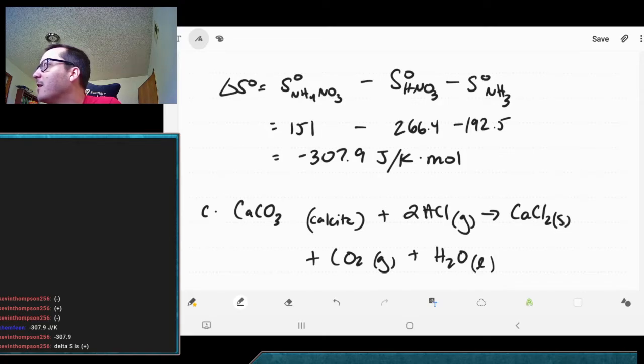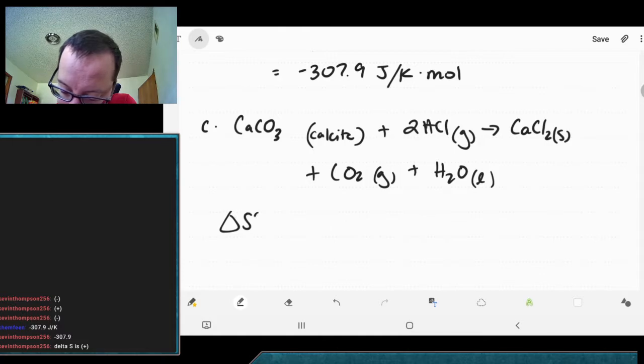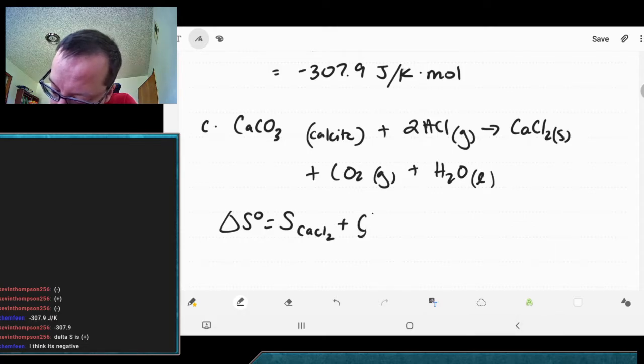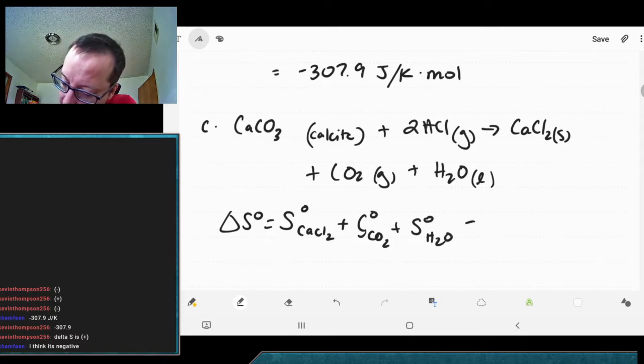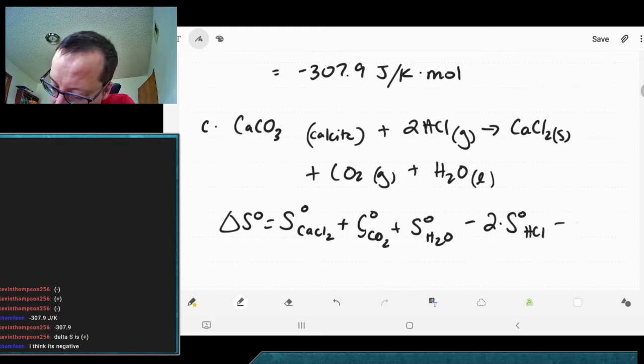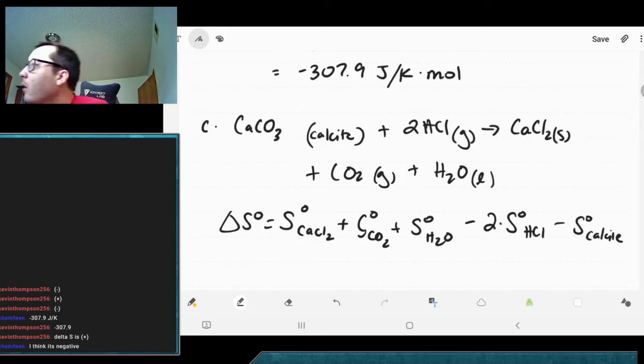So if you look up calcite, it has an S, or I guess we should set this up, right? So delta S is going to equal the calcium chloride plus the carbon dioxide plus the water minus 2 times the S of HCl minus the S for calcite. So calcite looks like is 92.9.